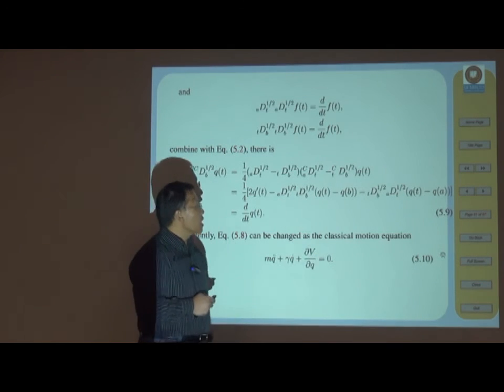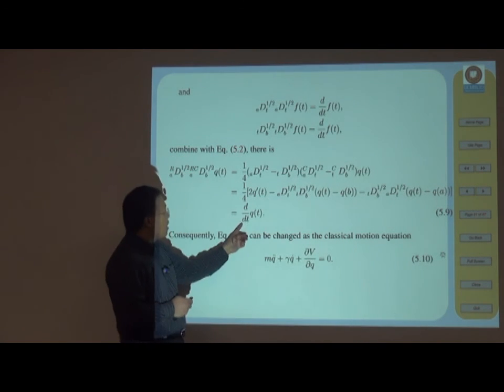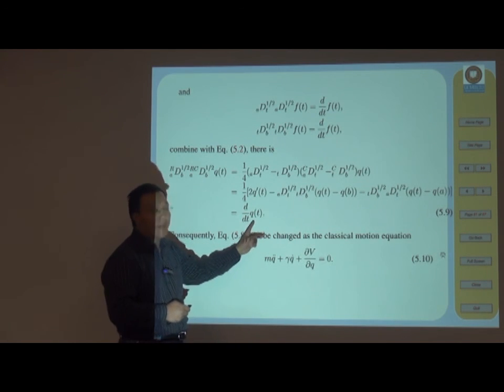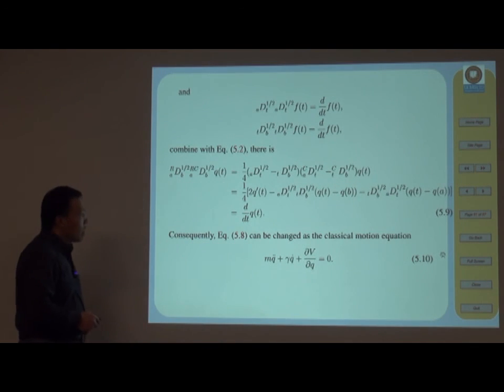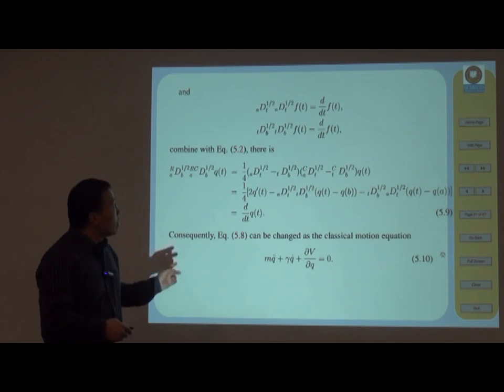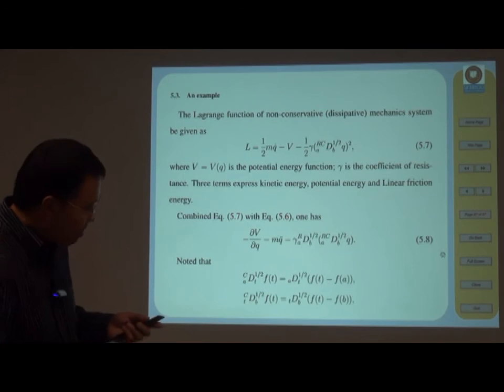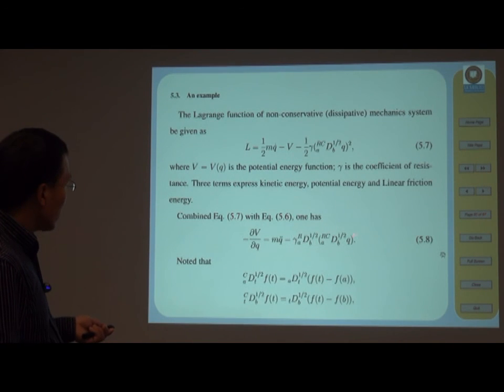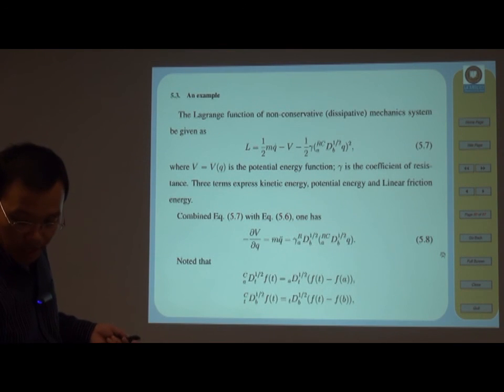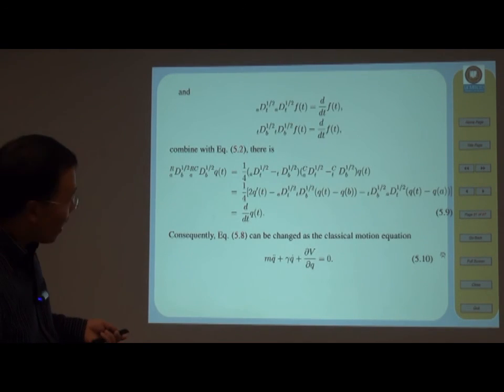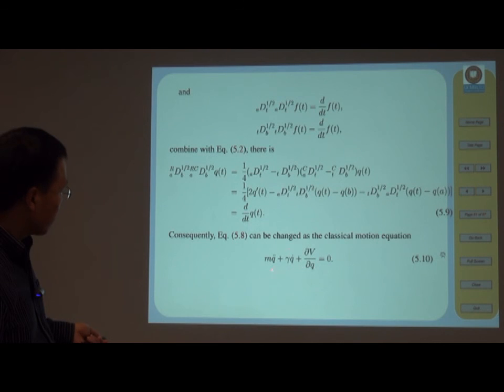Then we can conclude that they equal the first derivative of q. Consequently, the equation here is equal to 0. The equation 5.8 is changed as this. This is the classical motion equation.